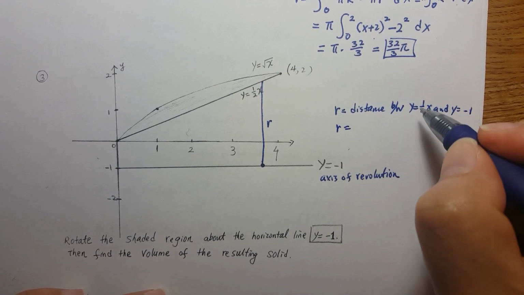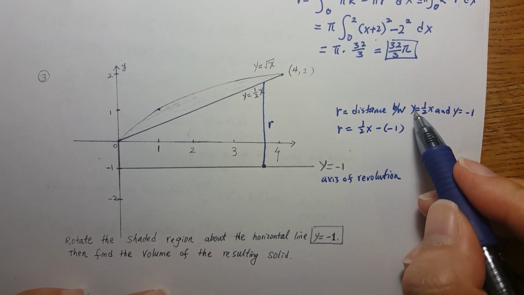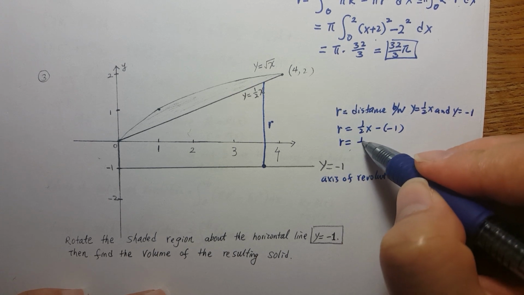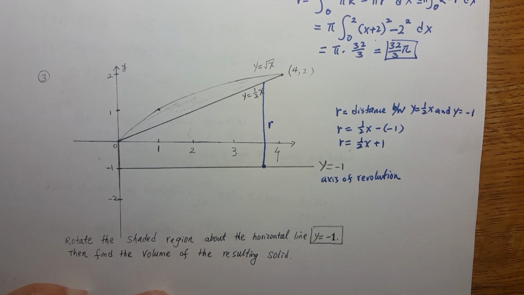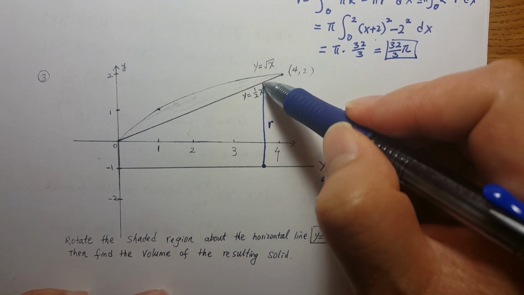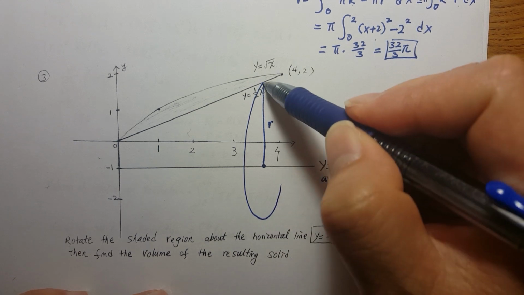So small r equals 1/2 x minus -1. The y will cancel, so it is half of x minus -1. The small r will be 1/2 of x plus 1. So we found the function small r of x. Now I am going to sketch my inner circle. It's not going to be perfect.